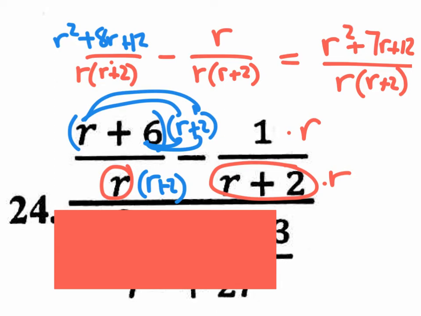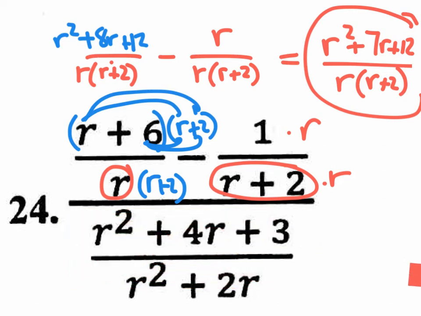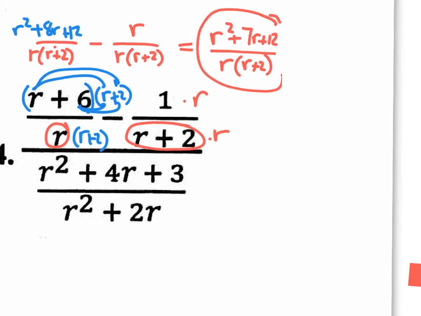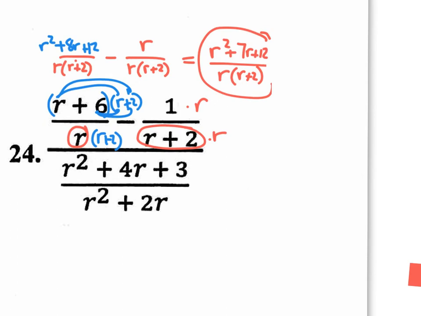So ladies and gentlemen, if this were the only thing that was asked of us, to subtract these two fractions, we would get this as an answer. Let's just leave it like that for now. Later on I'll factor. But the truth is, we also have this denominator down here. So far, we have the above answer divided by the below fraction.